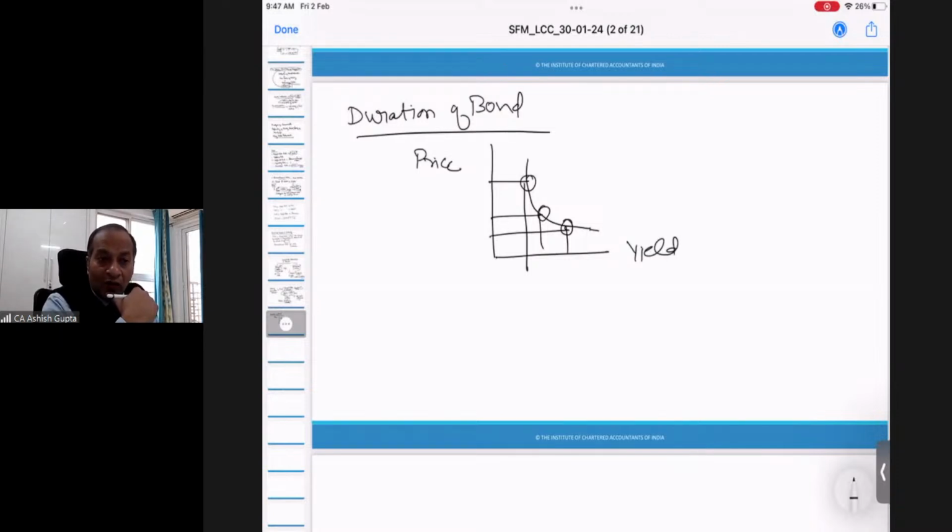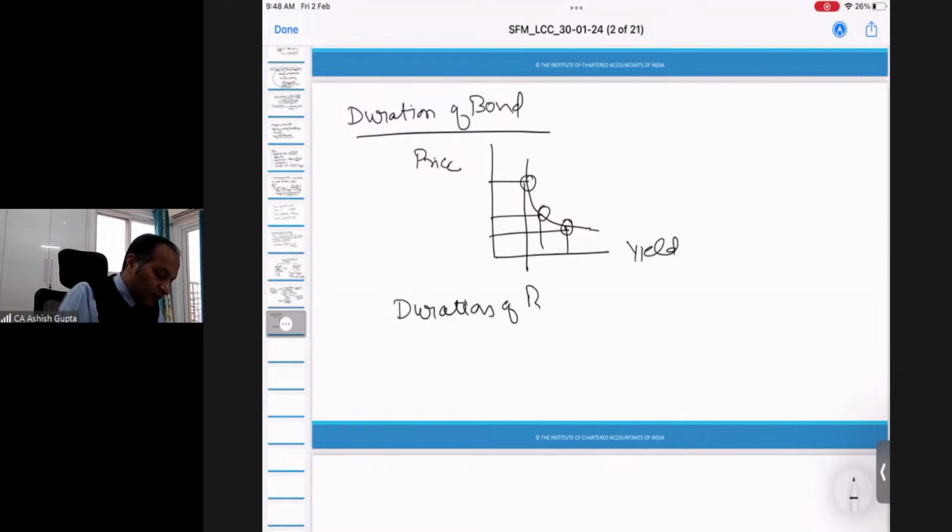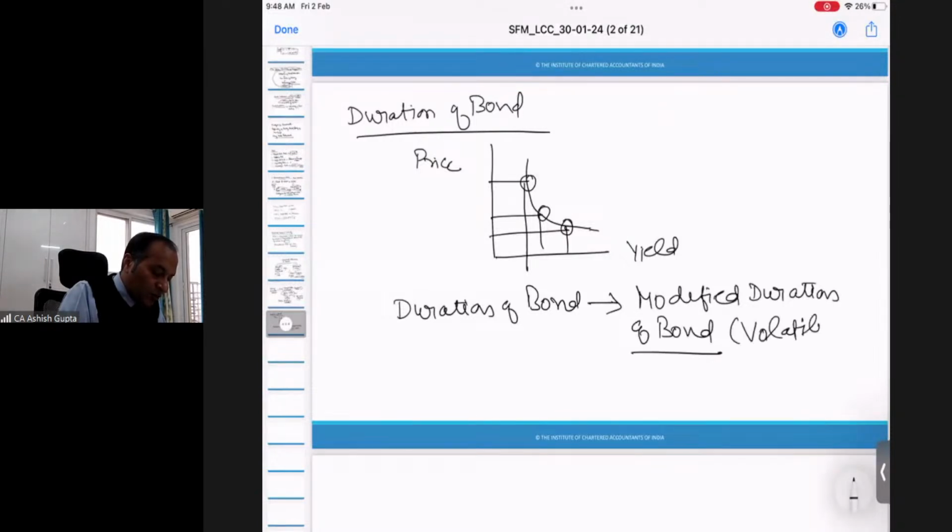How do we calculate this volatility? We calculate it by the duration of the bond. From the duration of the bond, we compute modified duration to calculate the volatility.